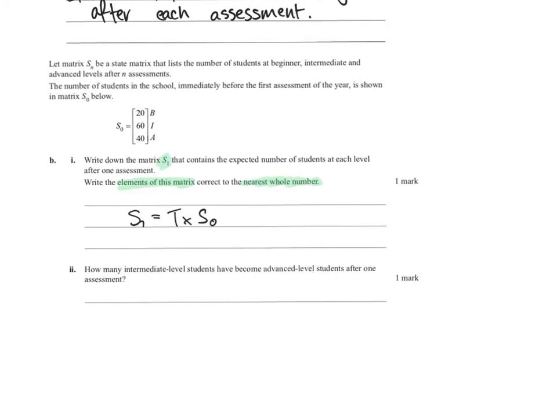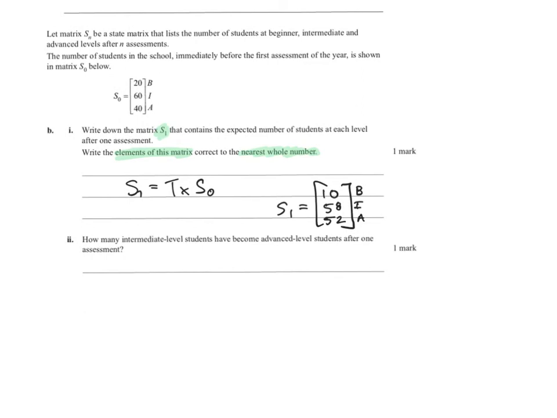So if you did that, you'll get a 3 by 1 matrix with 10, 58, and 52. That's going to be the beginner, intermediate, and advanced levels, the number of students in each level.